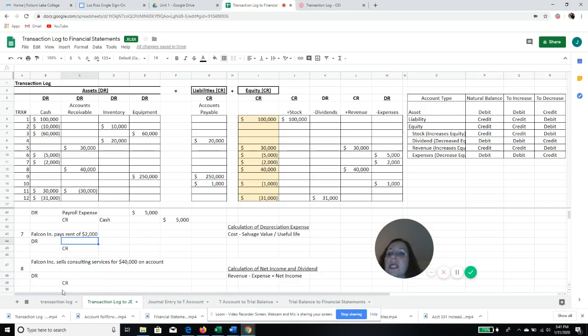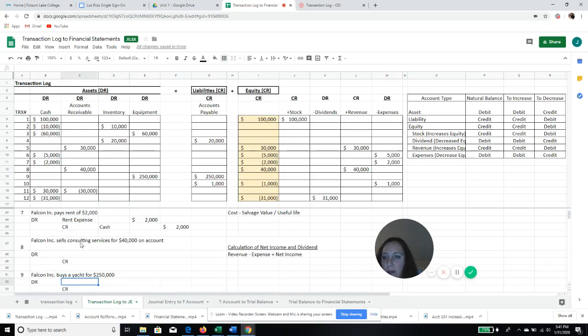In transaction number 7, we're going to pay rent of $2,000. So we decreased cash, $2,000, and we know we decrease cash with a credit. So I'm going to type credit down here, 2,000. We increased expense. We increase expense with a debit. So I'm going to put rent expense. And again, if you just put expense, no big deal. Totally fine for right now.